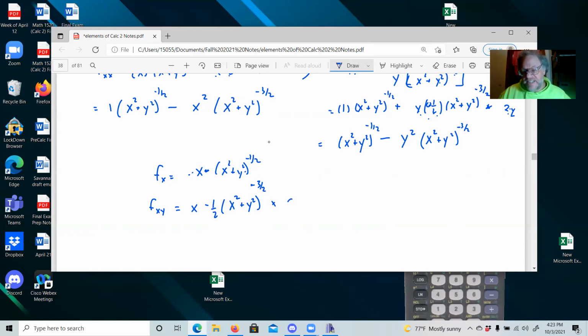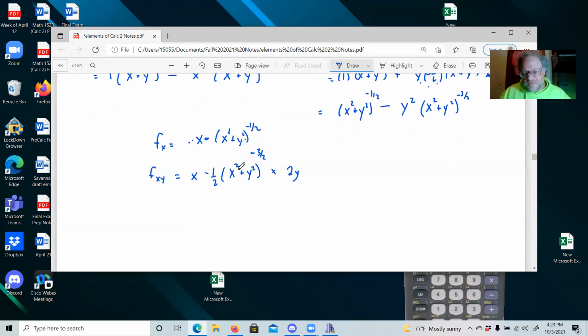What's the chain? The chain is 2y. Okay, so what do we end up with? We end up with xy, because the 2's cancel, so we have negative xy times x squared plus y squared to the negative 3/2. All right, in algebra that would look like negative xy over (x squared plus y squared) to the 3/2 power. All right, that's what we're looking at.